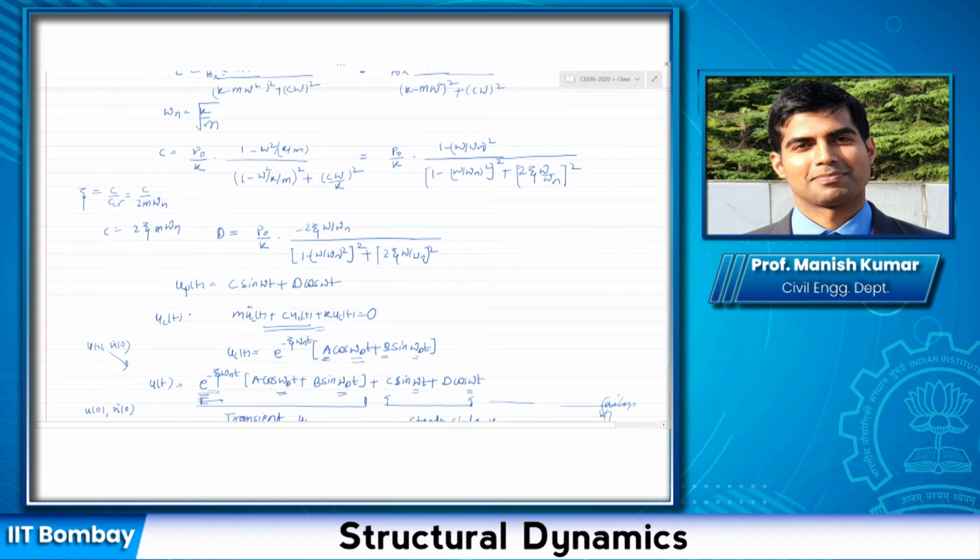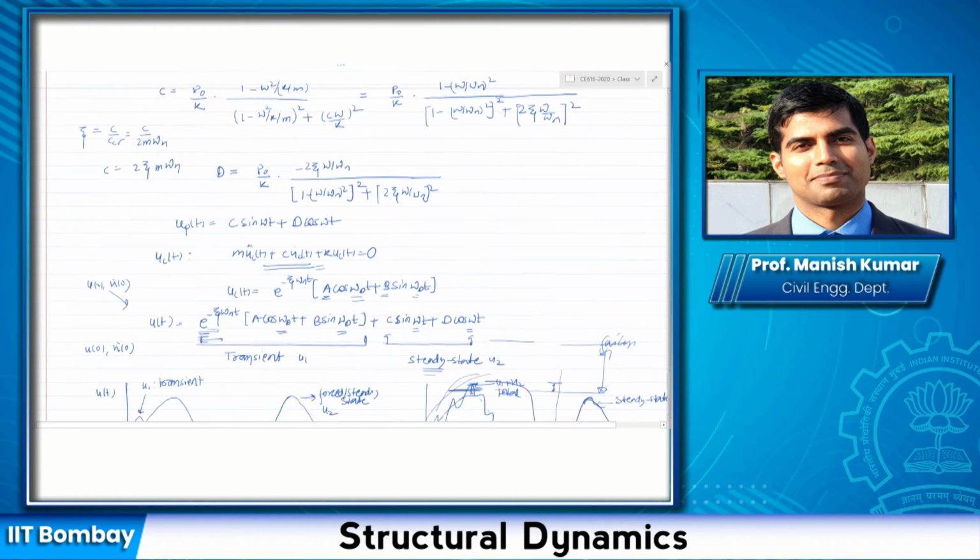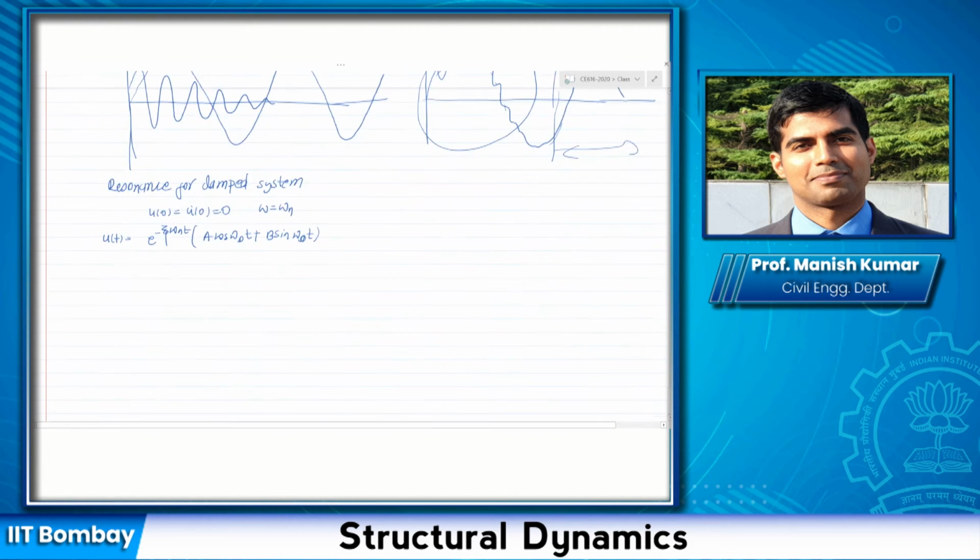Even when omega equal to omega n here, it is not still a part of the solution because that is omega d. Okay, so I get this. And then the second part of the solution, I already know the coefficients C and D. You have already calculated that. C sine omega d t plus D cos omega d t.